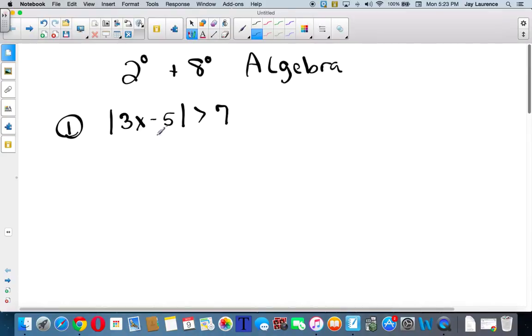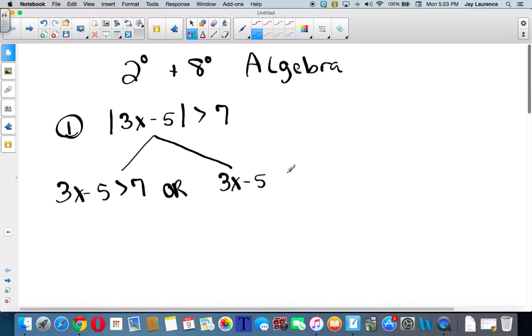So here's what I'm going to do. Since the absolute value is alone, I can rewrite it as two inequalities. So I'm going to write 3x minus 5 is greater than 7, or 3x minus 5 is less than negative 7. Some of you are forgetting to flip the inequality when you make the 7 negative. Don't forget that.